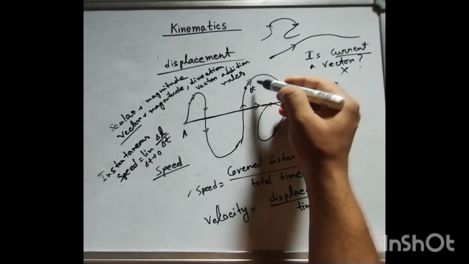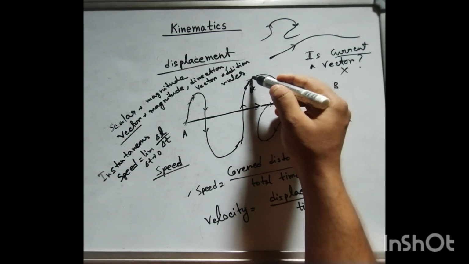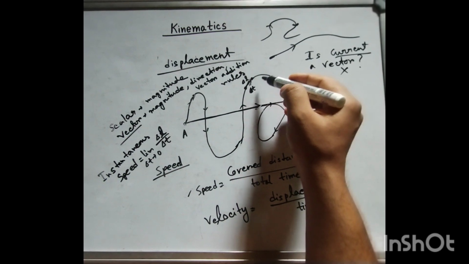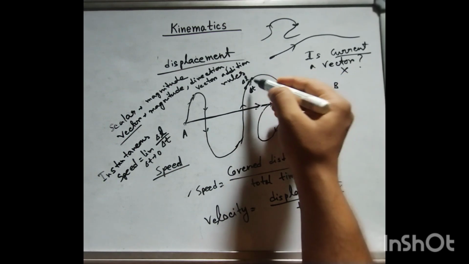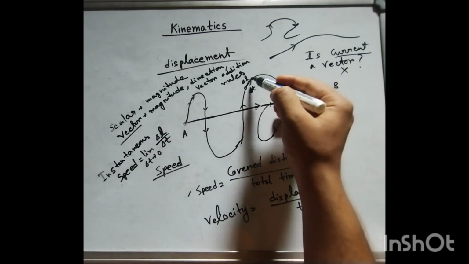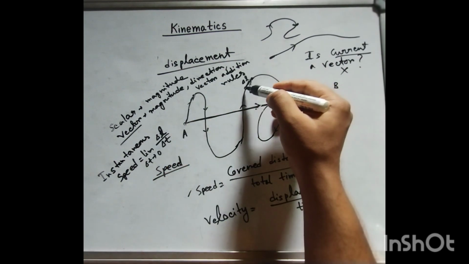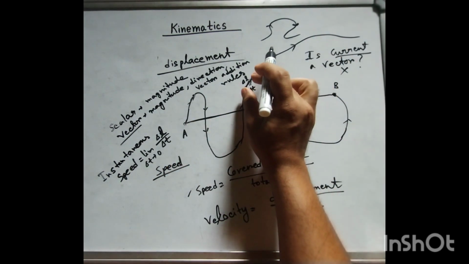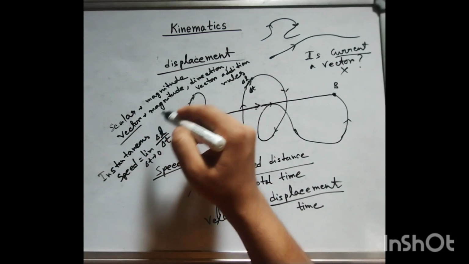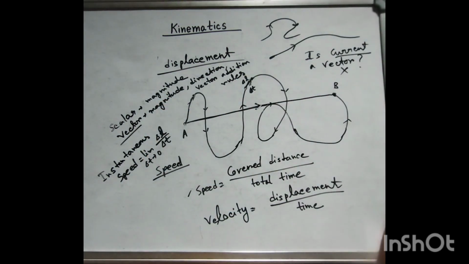Suppose in delta t time you go from this point to this point, so that is your delta l, the distance between these two points, and the time you take to reach from this point to this point is delta t. If you divide delta l by delta t, you will get speed at that point, and limit delta t tends to 0, because when these two points get closer and closer, you will get instantaneous speed more accurately.